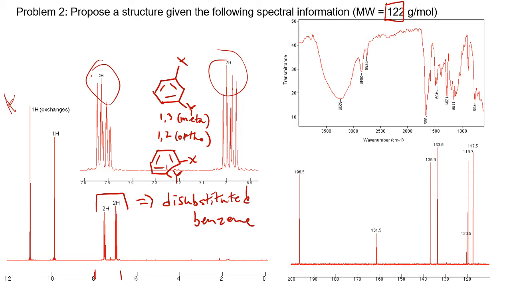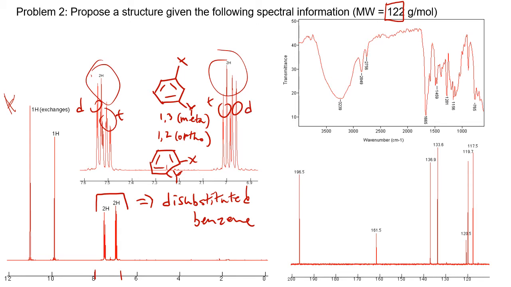Okay, and so thinking about that, if we look at the splitting patterns, this set of peaks right here appears to be a triplet. This set appears to be a doublet. Here looks like a triplet. These 2 peaks look like a doublet. And it's hard to see because they're all stacked up.